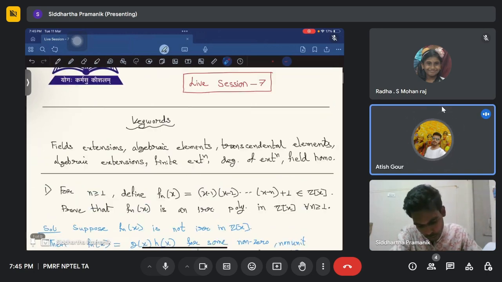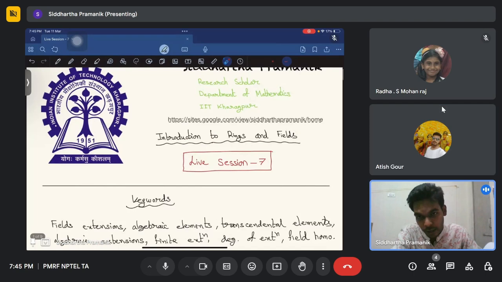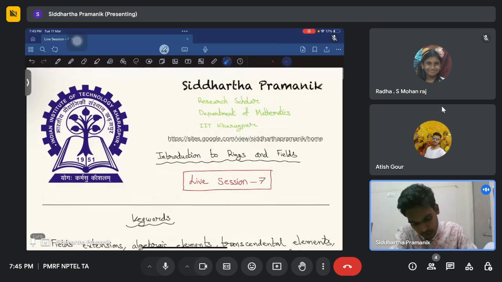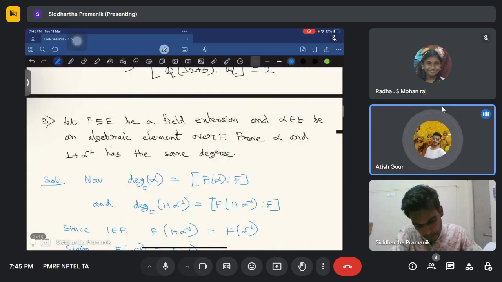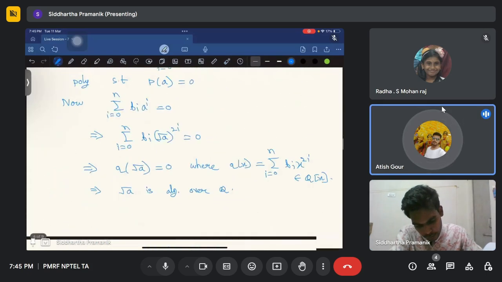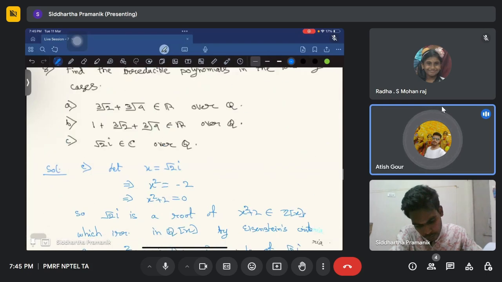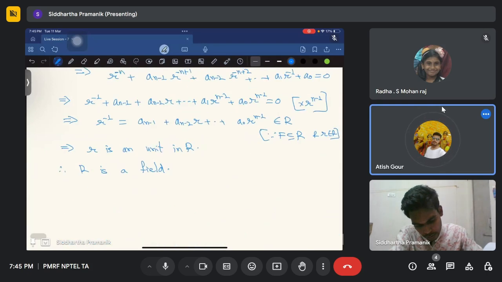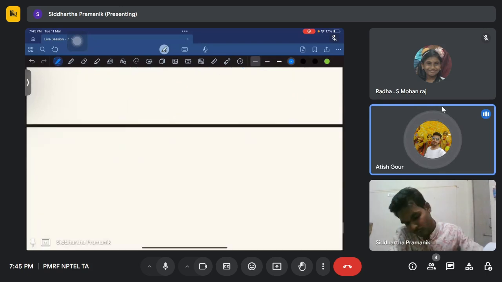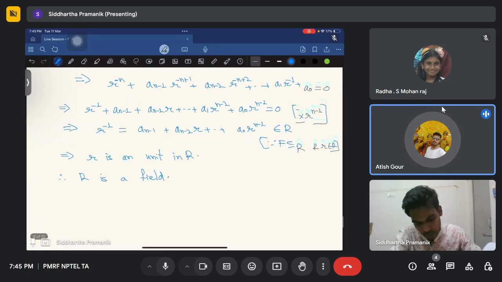Do you have any particular doubts or specific questions? If you can give a brief idea about what is field homomorphism, so that we can go through that problem and solve it. Or if possible, you can take that problem itself, that would be a great help.